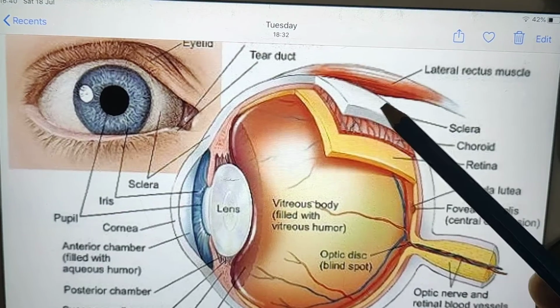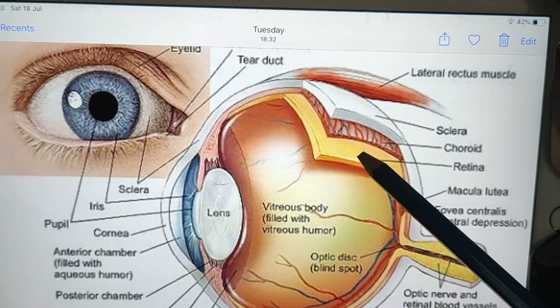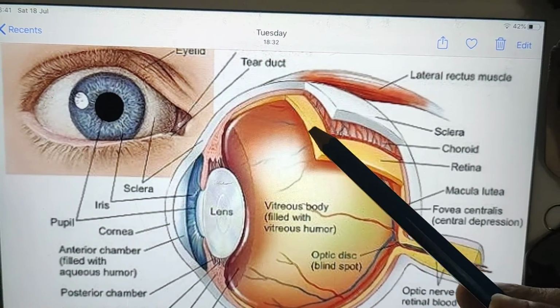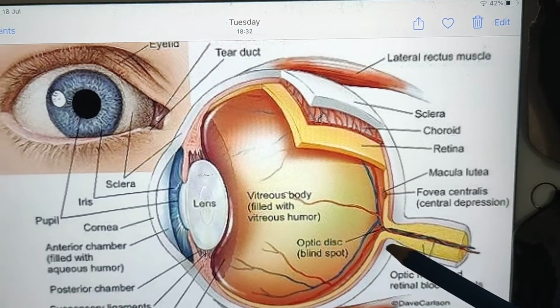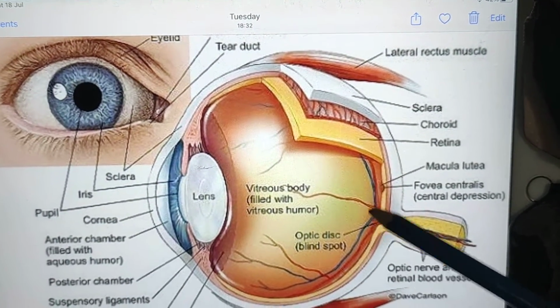It is a sclera, white layer, then choroid, and then retina. Retina is the innermost layer. Okay, that yellow colored part is retina.